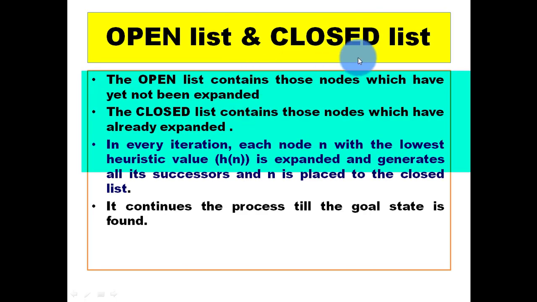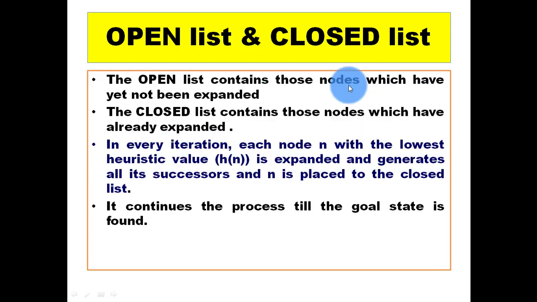The open list contains those nodes which have not yet been expanded. You may note it down. Expanded means its successors are not yet generated, or I can say its children are not generated. The closed list contains those nodes which have already been expanded.